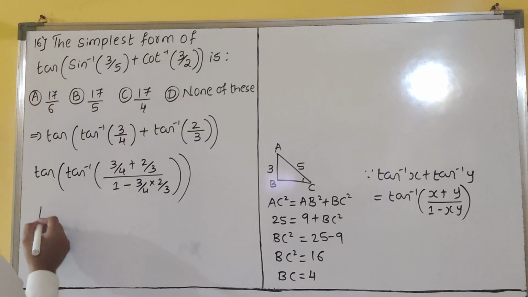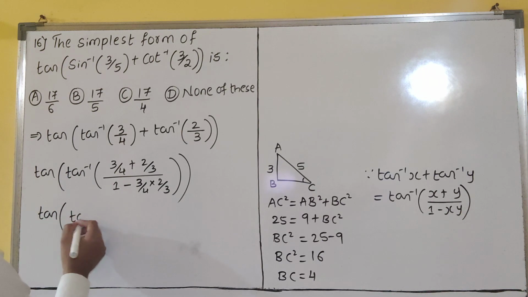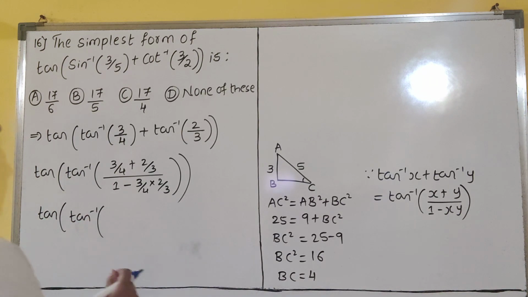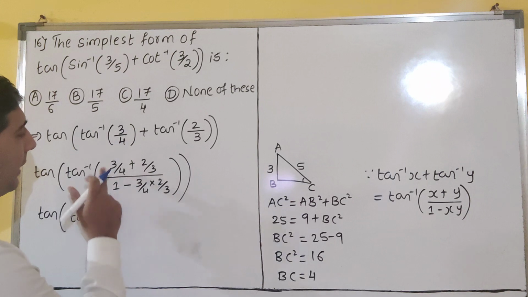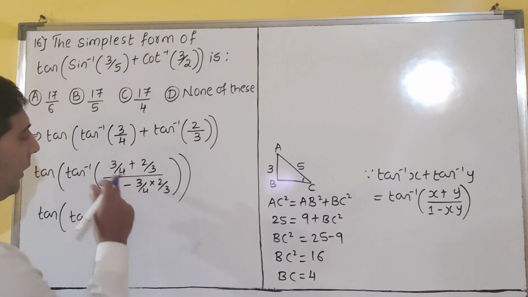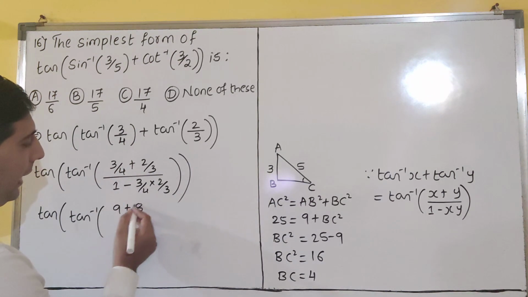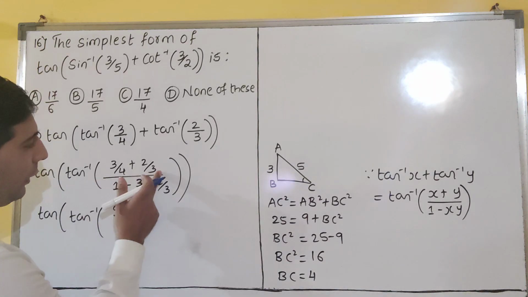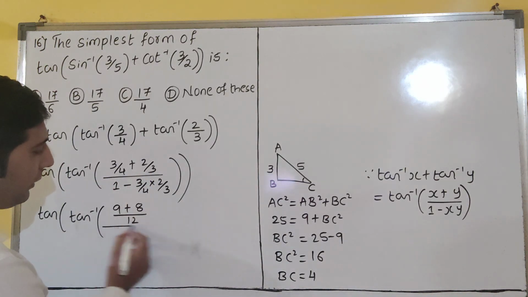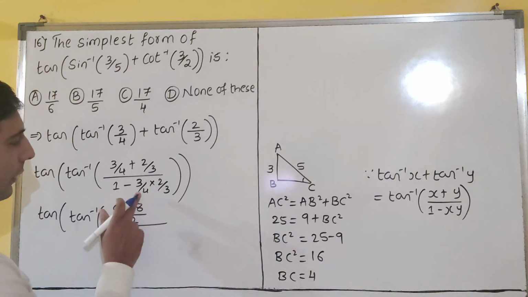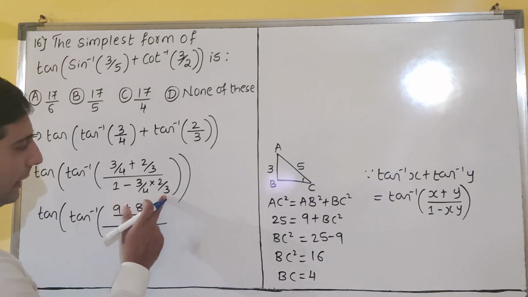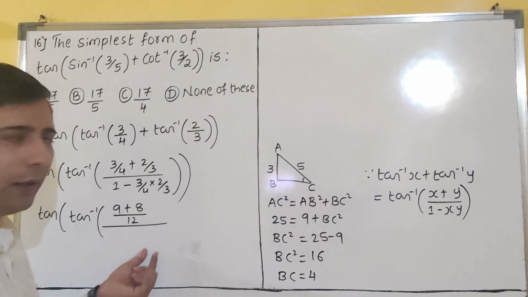I hope it is clear. So tan of tan inverse. Now you see, cross multiply. 3 3s are 9. 4 2s are 8. Now last 4 into 3, 12, dear students. Whole divided by. So now see, 4 3s are 12 only. You will get here 12.